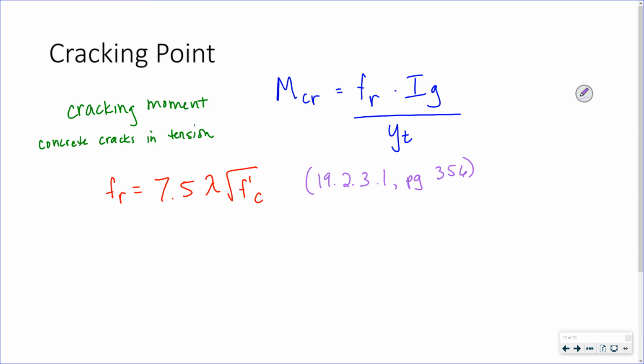It says lambda according to 19.2.4, which is a correction factor for lightweight concrete. If it's normal weight concrete, lambda is 1, so that doesn't matter. It just reduces your modulus of rupture if you have lightweight concrete. You can read that, it's just on the next page, 357.